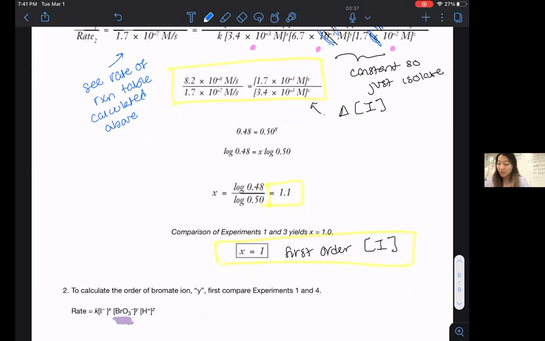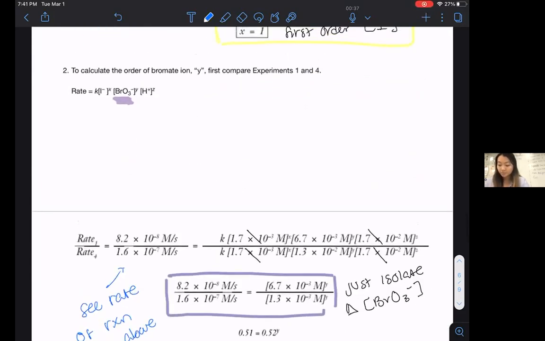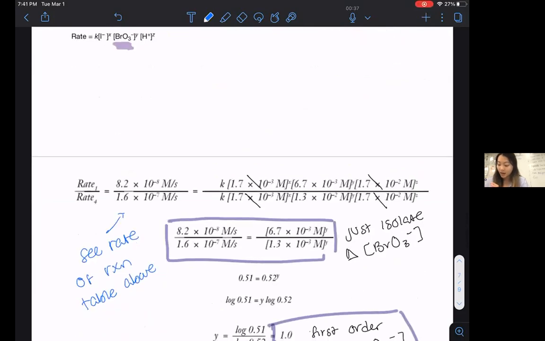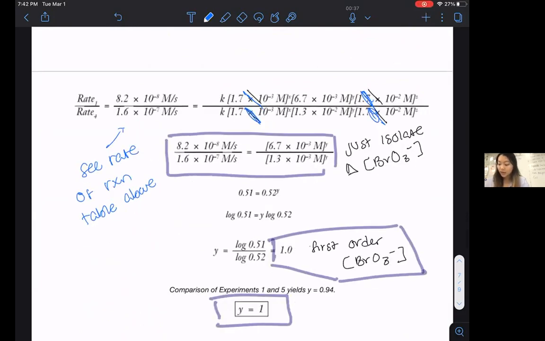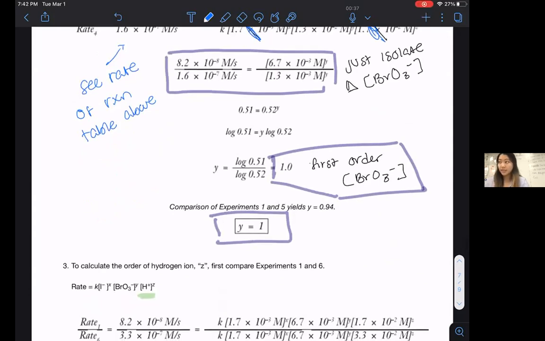So then you repeat the same process, this time focusing on a trial or an experimental group specifically that has only changing bromate, and then the other 2 are held constant, so iodide and H plus. So then you just treat them like constants, you cancel them out, and you can just focus on isolating the bromate. Again, you do the anti-log, you find that this also should be first order.